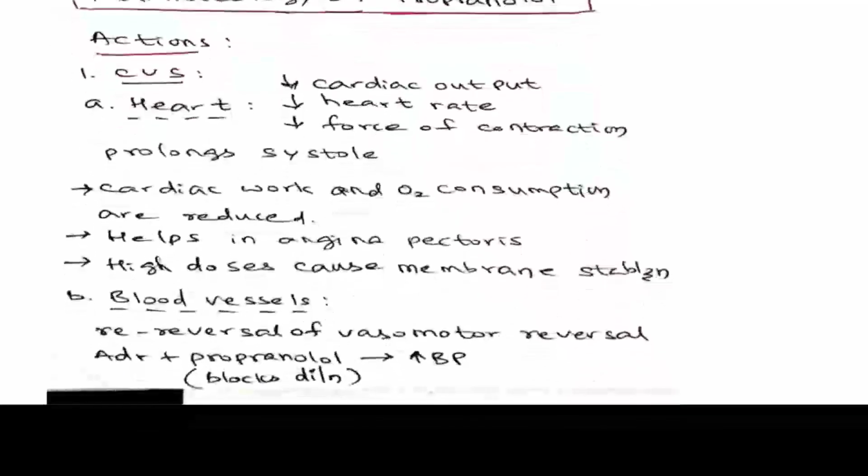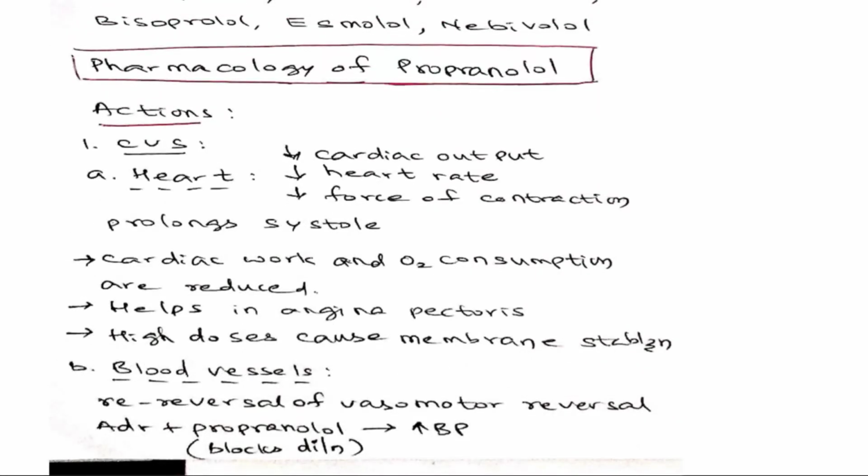Coming to the effect on blood vessels, when propranolol is administered, it causes an increase in blood pressure along with adrenaline, which is termed vasomotor reversal. In the reversal of vasomotor effect, we have seen there is a decrease in blood pressure.